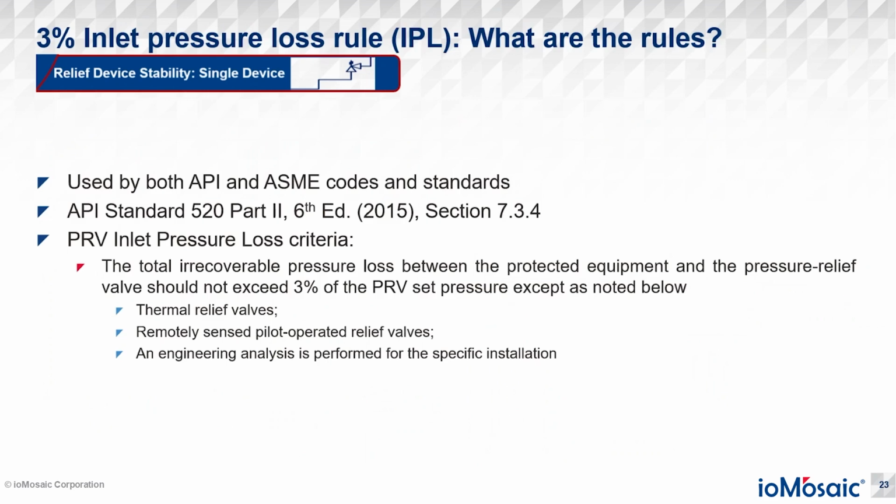You have the 3% rule, and if you fail this 3% rule, you have other engineering analysis, including things like force balance checks, acoustic line length interaction checks, and then further more sophisticated methods such as 1D dynamics.